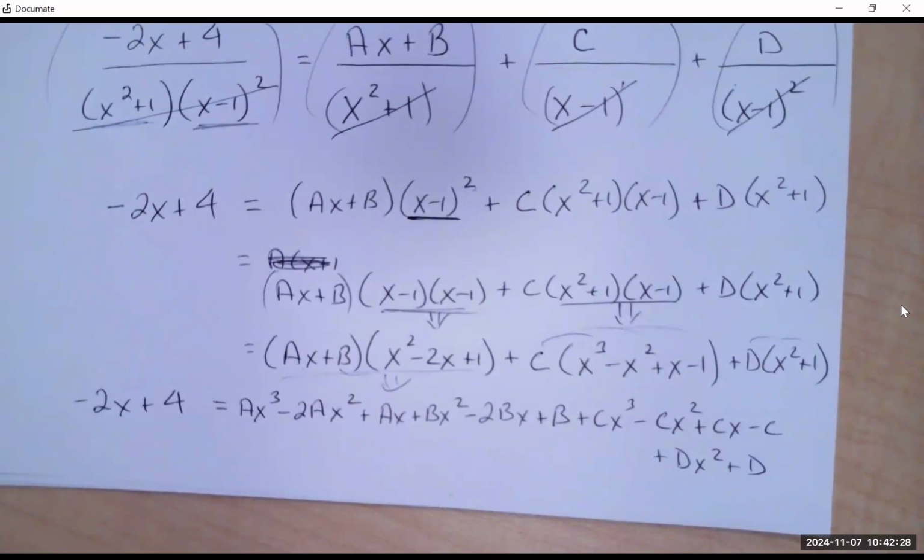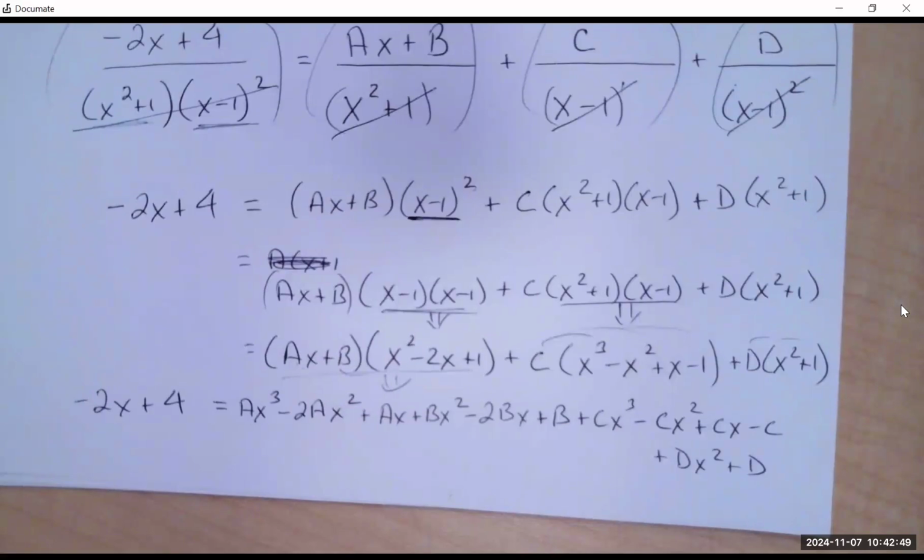Are those difficult? No, just a lot of writing. The more writing in a small space, the more chance of mistakes you'll have. So our next step is, can we combine any like terms? No.